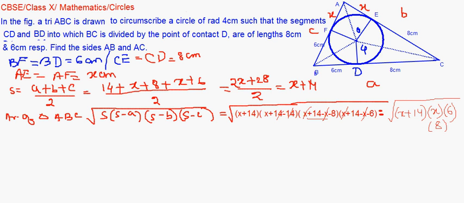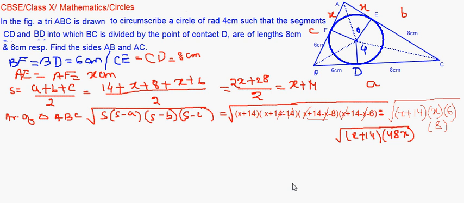So I'm left with an answer of x plus 14 and 48x. This is the area of the triangle AB.